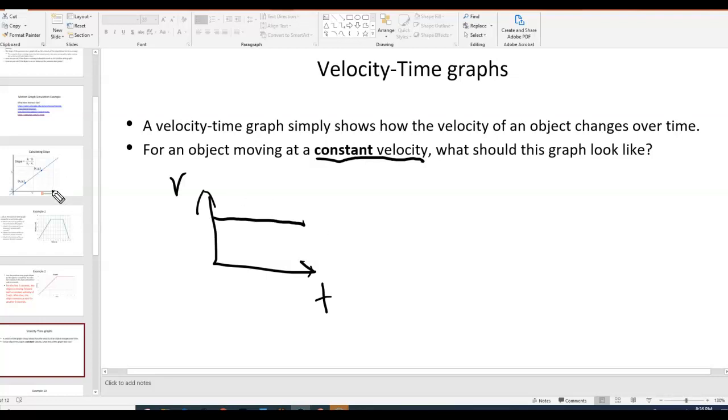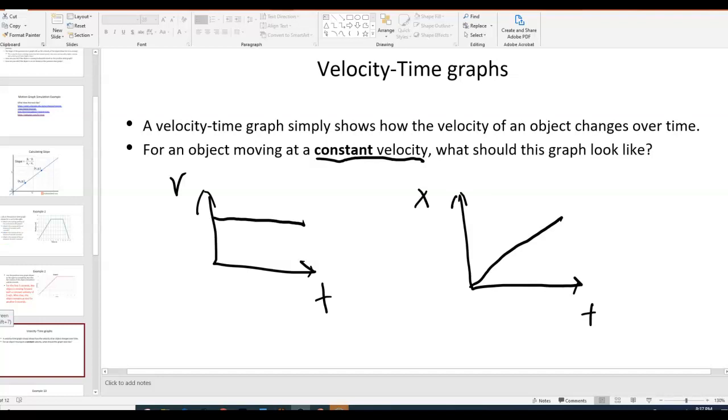Okay, so notice that you can have a velocity time graph and a position time graph for the same situation, and they're going to look completely different. So if I have an object moving with a constant velocity like this, the position time graph might look like that. Notice the way you interpret these two graphs is completely different. Okay, so pause it there if you need to look at that some more.